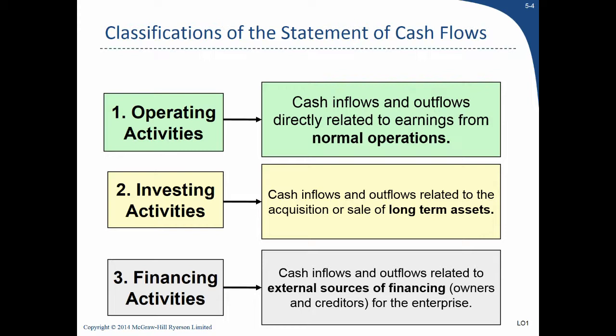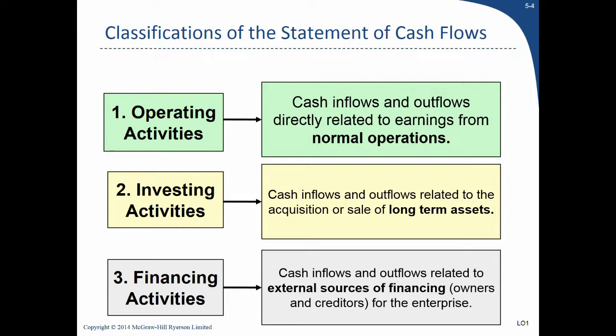That would be an investing activity, okay, because we're disposing or selling a long-term asset. Conversely, buying a long-term asset, if we buy a piece of machinery, yes, we will be using that machinery to generate operating income in our normal operations, but the purchase of that machinery is considered an investing activity.